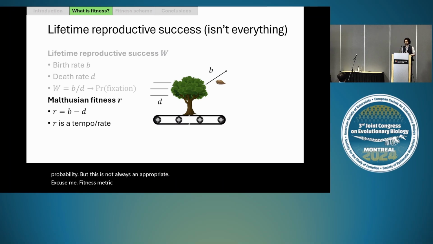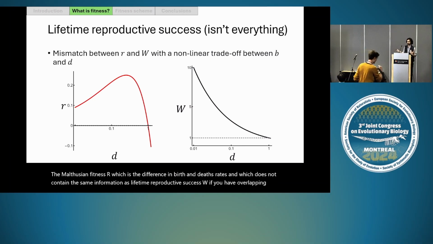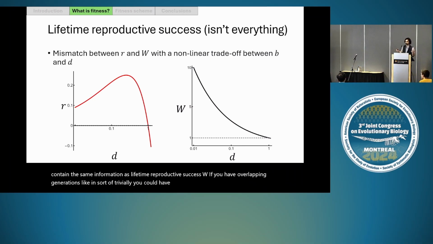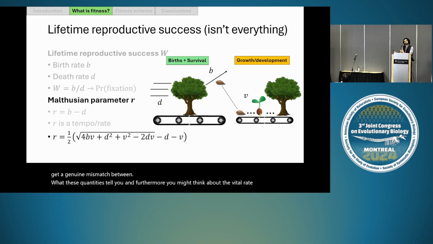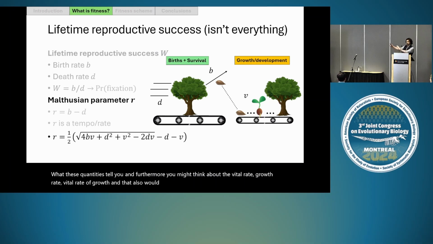Many models, particularly those with an ecological flavor, might examine the Malthusian fitness R, which is the difference in birth and death rates, and which does not contain the same information as lifetime reproductive success W. If you have overlapping generations, and trivially, you could have some trade-off between B and D, where you get a genuine mismatch between what these quantities tell you. And furthermore, you might think about the vital rate of growth, and that also would factor into the speed of evolution, which is the Malthusian parameter.